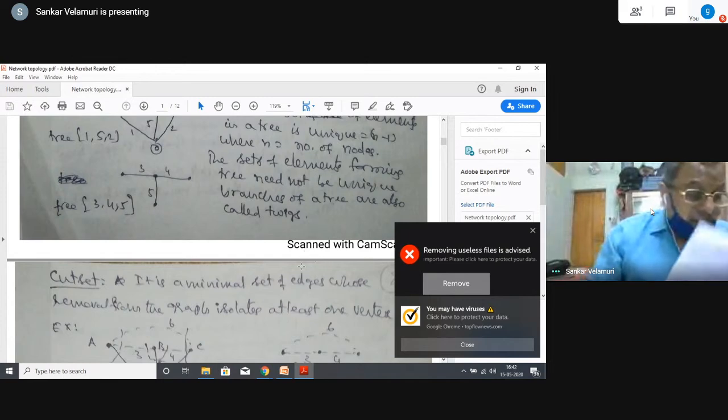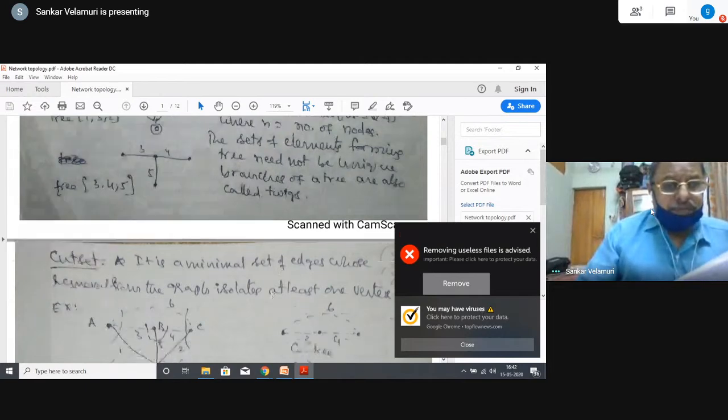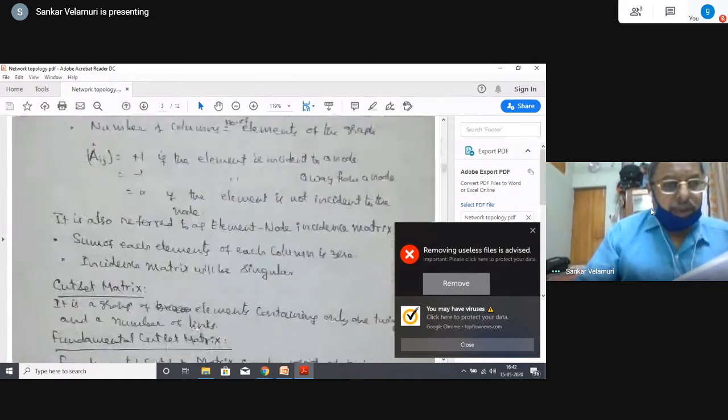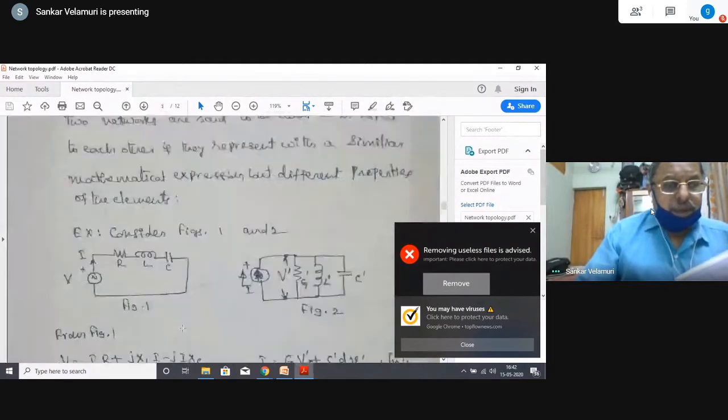Right. Then, in duality, how do inductance and capacitance come across the current source? Yeah, I will explain this briefly again. So this is the corresponding one.